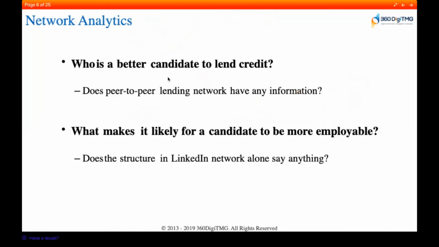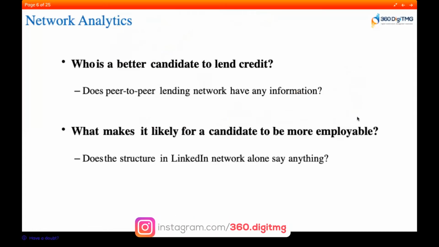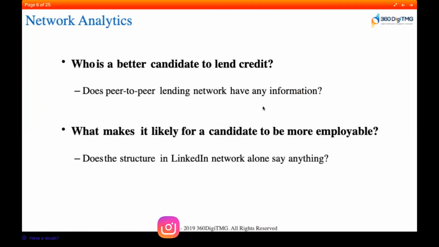Okay. If I made you understand this, let us go to the next question. What makes it likely for a candidate to become more employable? Nowadays there are many websites that you could be part of to show what exactly you are looking for as a part of your career. So are you experienced? Are you a fresher?